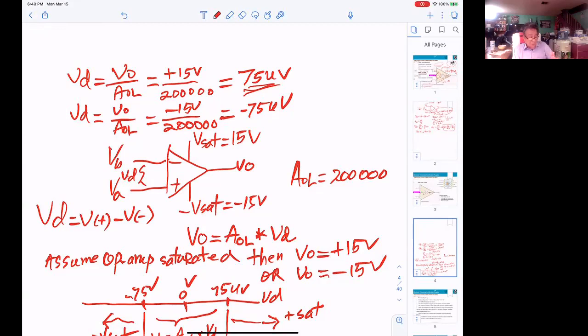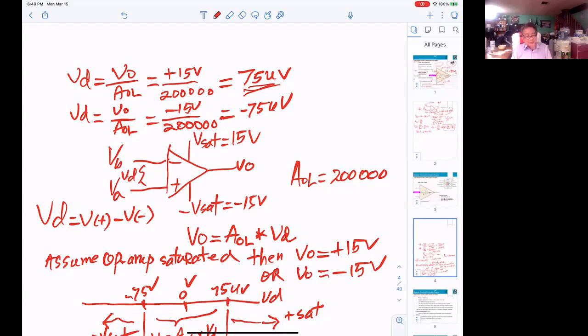That's why people are not afraid of working with the op amp. When you say they have a 200,000 gain, and you apply 1 volt, you would get 200,000 volt. No one can work in that situation. So that's why with an op amp, when you apply the input, it will be forcing the output to saturation.